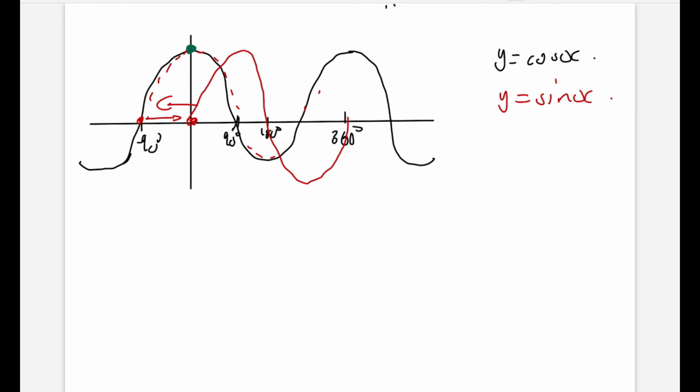It now becomes the cos graph. So that said, the sine of x, shifted 90 degrees to the left, so plus 90, is equal to the cos graph. Shifting a sine graph 90 degrees to the left gives us a cos graph.